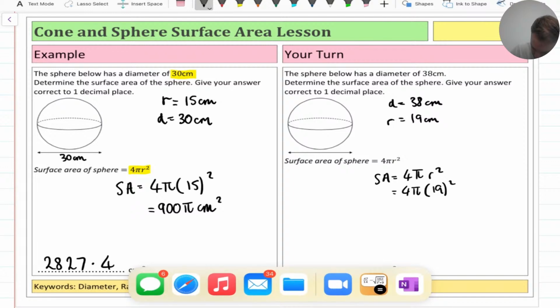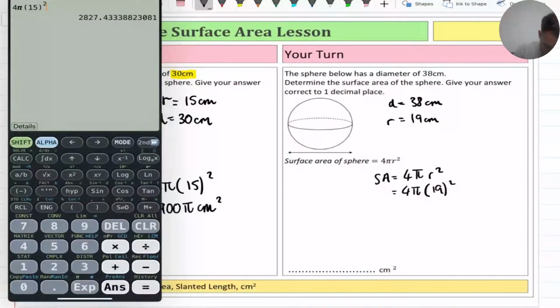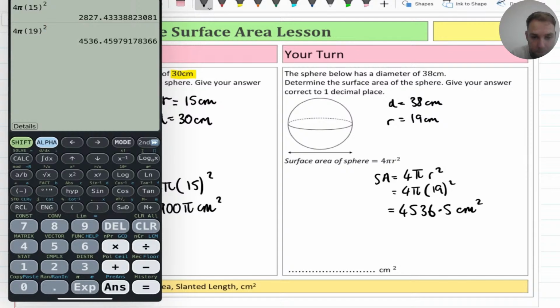Let's do that on the calculator. It's 4 shift pi times 19 all squared, which is equal to 4536.5 centimeters squared. Brilliant. Super.